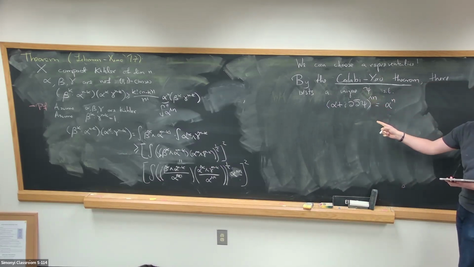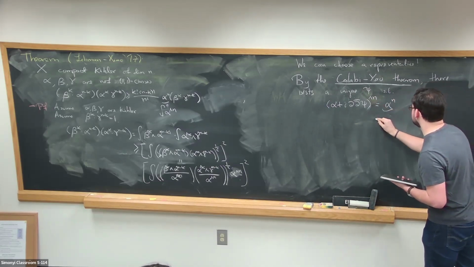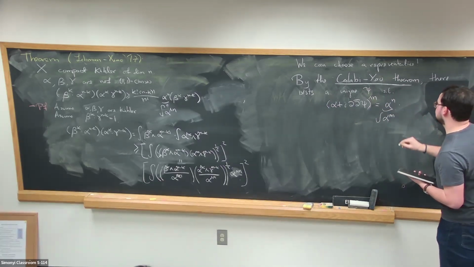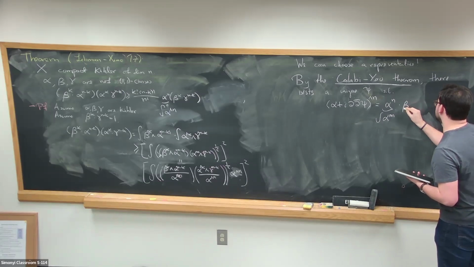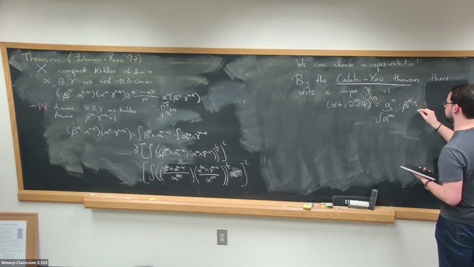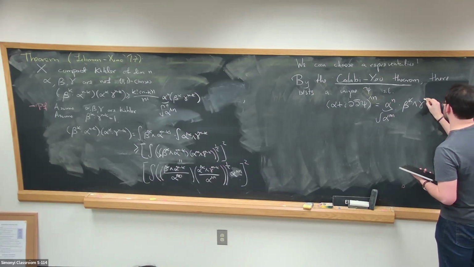So this is the integral of alpha wedge n times beta to the k wedge gamma to the n.